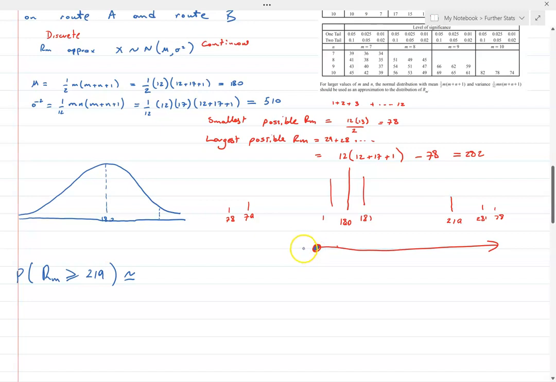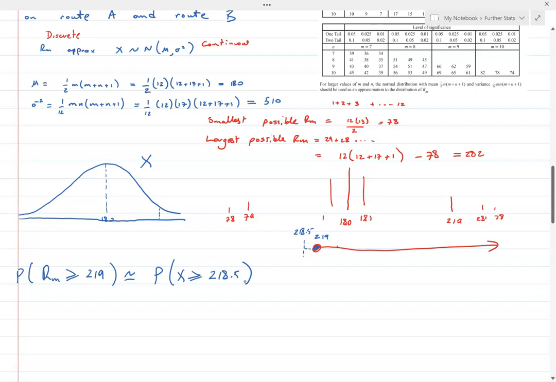And what we have to do is put in this thing called a continuity correction, and we extend the number backwards by 0.5, away from the number line. So that's 219, this would be 218.5. So that's approximately the same as the probability that this normal distribution, which is continuous, is greater than or equal to 218.5.